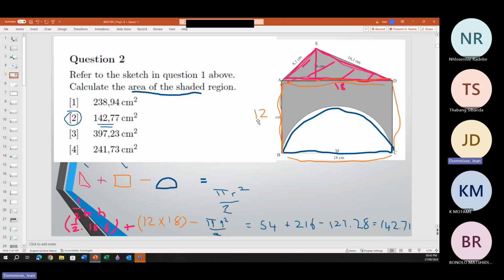There's not just an easy way to say, okay, we can just work it out in one go. You unfortunately need to break it up a bit into differences. Okay, so you first need to do a triangle, then you need to do the square, and then you need to subtract the semicircle.